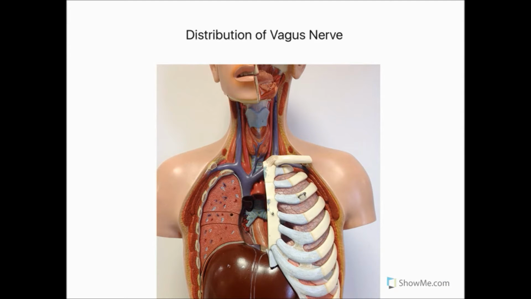So let's first of all take a look at the distribution of our vagus nerve. We're going to draw our vagus nerve coming in, so I'm drawing it in between the common carotid artery in red and the internal jugular vein in blue, and it would normally travel within the carotid sheath, and on this right side it gives off a branch just underneath the subclavian artery, which doubles back underneath there and travels back up here.